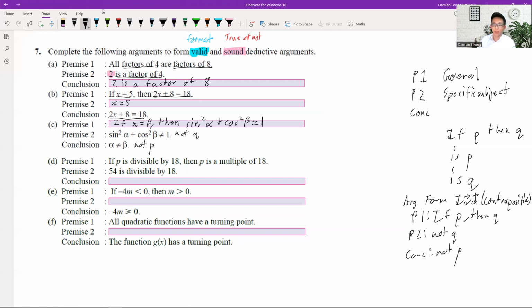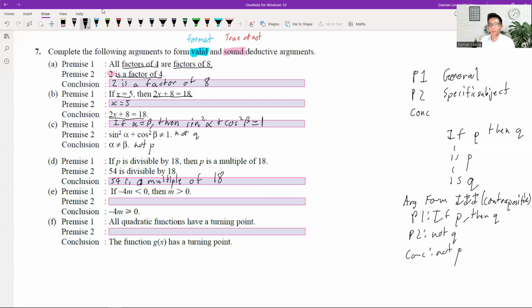Part D, just fill in the conclusion here. If P is divisible by 18, P is a multiple of 18. 54 is divisible by 18, so I can say, same subject, 54 is a multiple of 18.